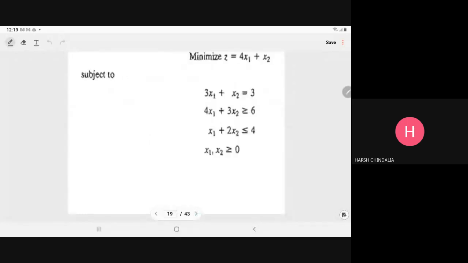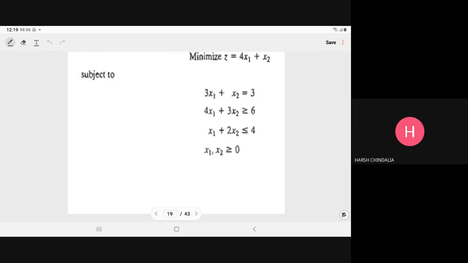As the name suggests, we solve the problem in phases, phase 1 and phase 2. Phase 1, whether the problem is of minimization or maximization, will be the same, where we minimize the sum of the artificial variables.